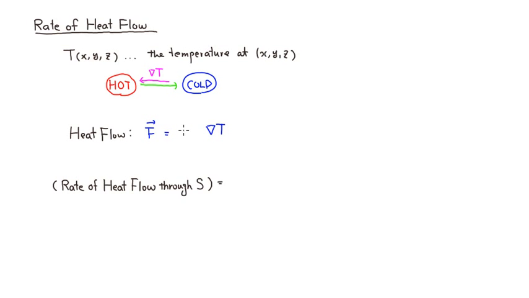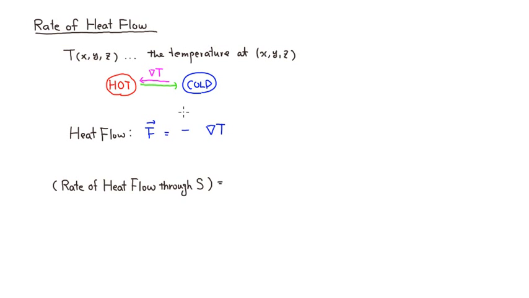reverse the direction. And it depends on the material. If you have a metal object, the heat flow would be faster. And if you have something like styrofoam, heat conductivity is very, very low, so it's going to be very slow.